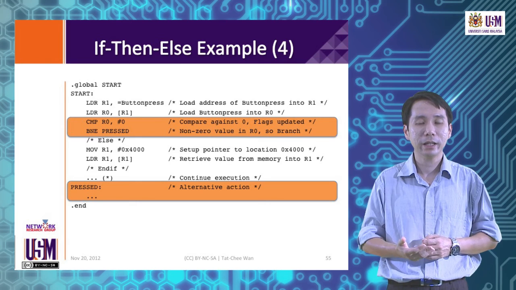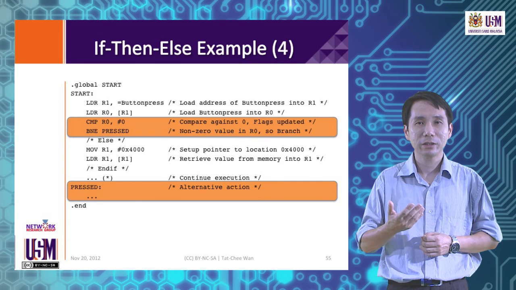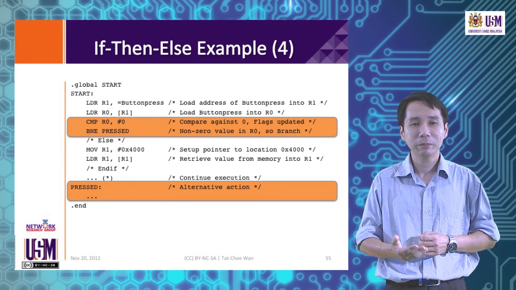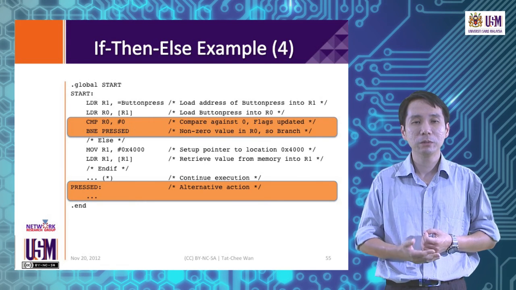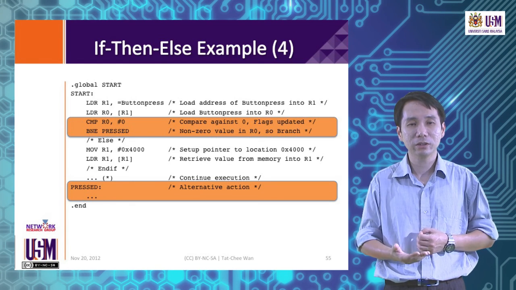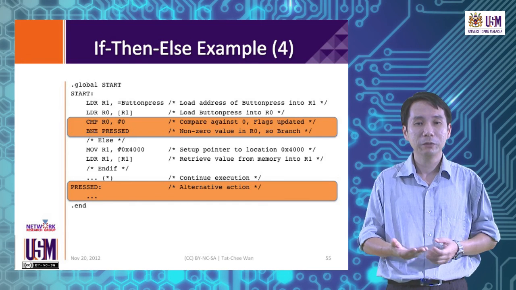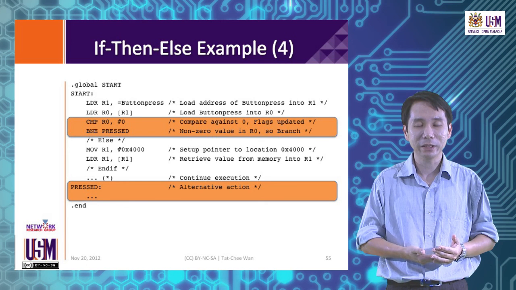Compare R0, hash 0 will compare against 0 such that we can set the flags in the status register. Now based on this comparison, we will perform a conditional branch. Branch not equal pressed, meaning that if the value in R0 is non-zero, meaning it is not equal to 0, we will then jump to the pressed condition or statement.